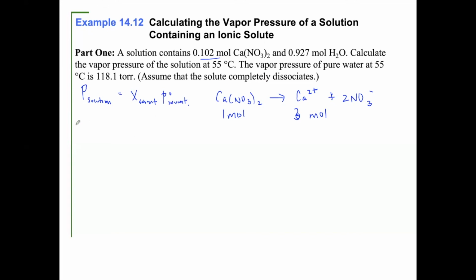So to find the moles of ions, we started with 0.102 moles of calcium nitrate, and we know that for every 1 mole of that, we get 3 moles of ions. So in total, we have 0.306 moles of ions. Now for water, we've been given the moles of water. Great.